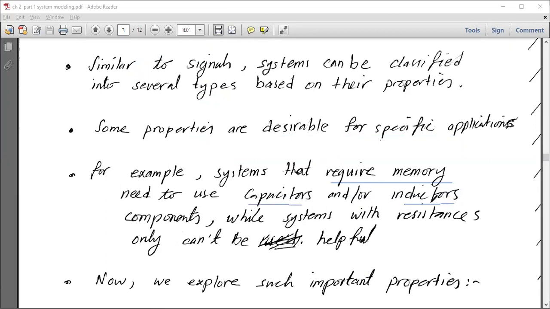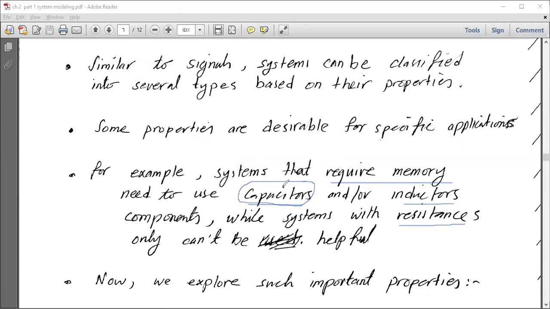Why? Because they store energy. We know the capacitor and the inductor store energy, whereas the resistance doesn't store energy, so it doesn't have memory. The inductor and capacitor have memory. Then you know which element to choose to design your system if you know its properties.